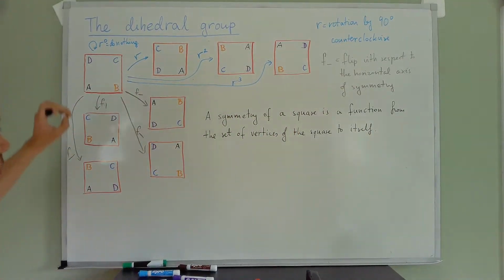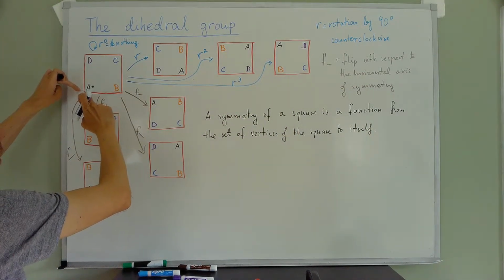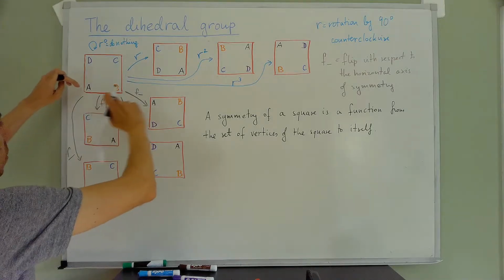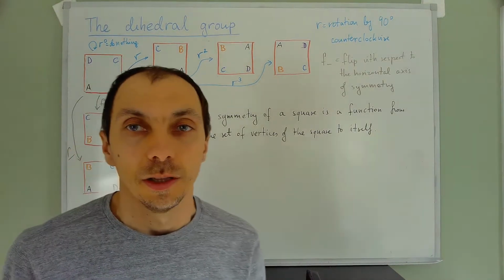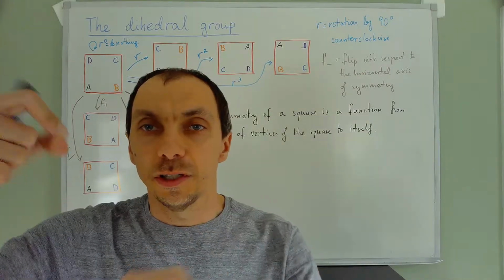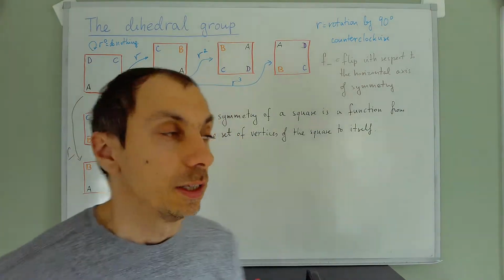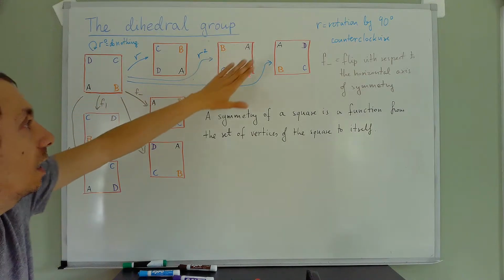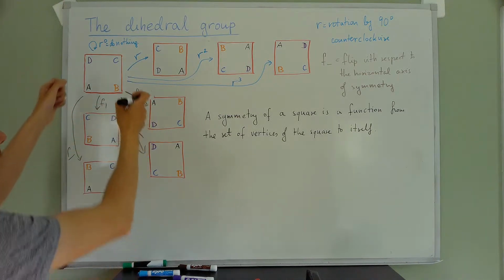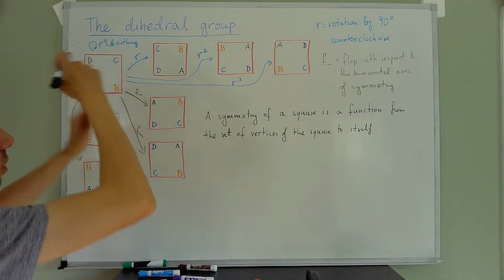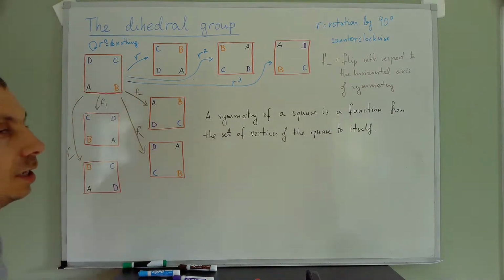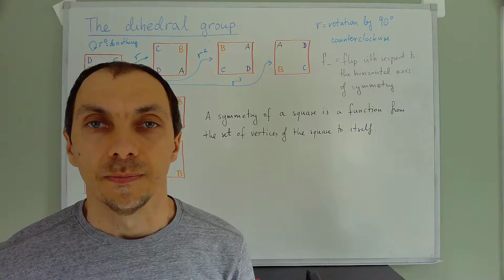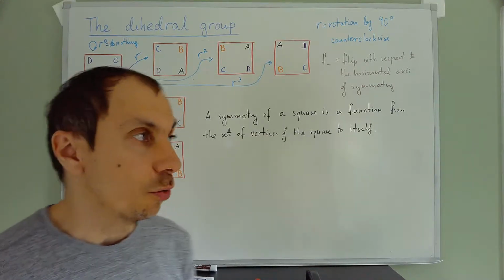Right? So what does rotation do to A? Well, it maps it to where B was, and so on. Okay? I'm not allowing the vertices to be mapped wherever they want. This symmetry has to be realizable this way, that when I lift the square, I'm able to do something in the air with it and put it back down, this gives me back a square, right?